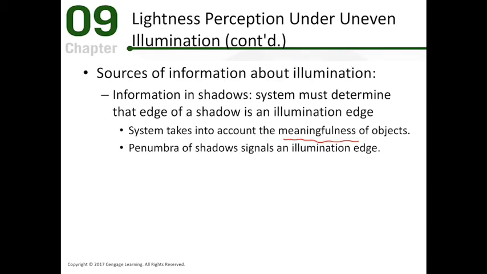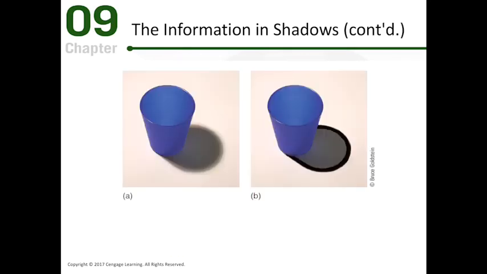There's also something called the penumbra, which is the fuzzy border at the edge of a shadow, and that can signal an illumination edge. So I'm going to give you an example here. This little fuzzy part that's sticking out is the penumbra. If you alter that in any way, it's actually going to change your perception of the shadow.